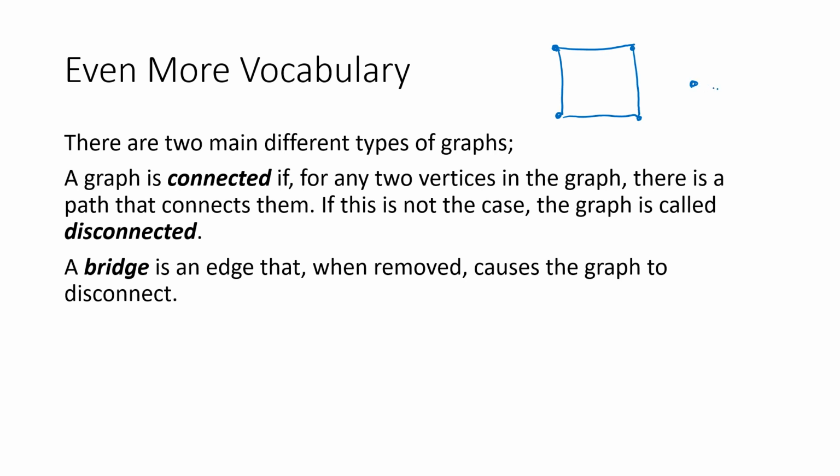If I add, let's add 3 points. If you consider these graphs together as one graph, they would be disconnected because it's impossible for me to get from here to here and vice versa. Okay? So that's like the main thing. I mean, it's really easy to tell if it's connected or disconnected when it's in this format. But there is one tricky part of it, okay? Let's say instead of drawing the triangle over here, I draw it inside this rectangle.